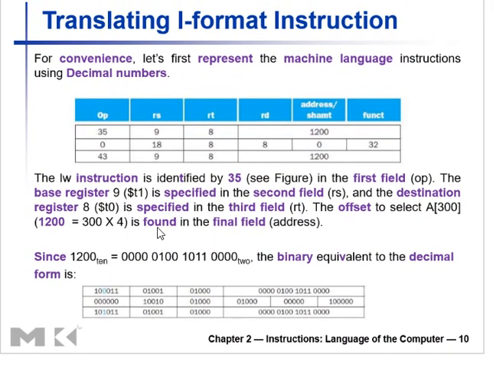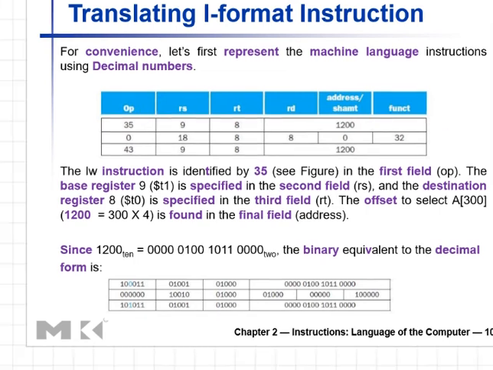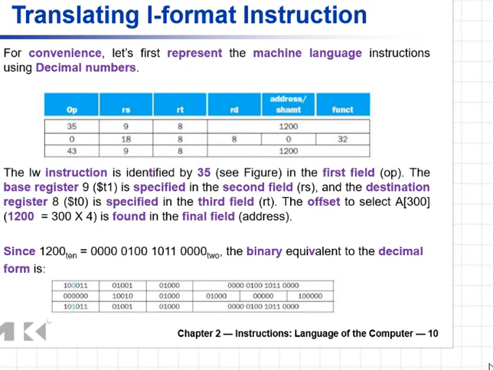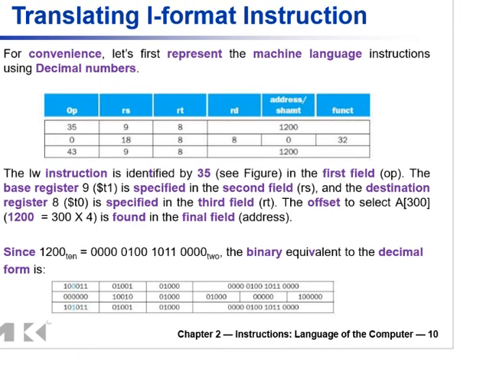So let's look into this example. But this instruction is not written in the slide. Let me write the instruction for clear understanding. Let me write the first one, which is load word.